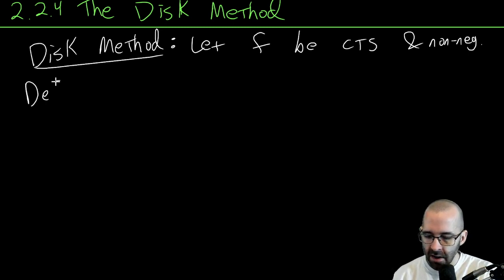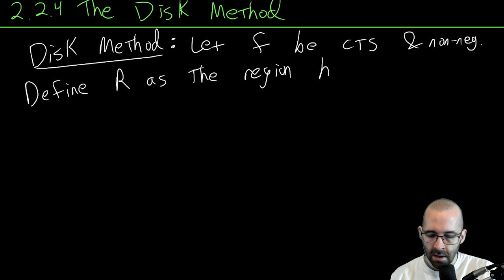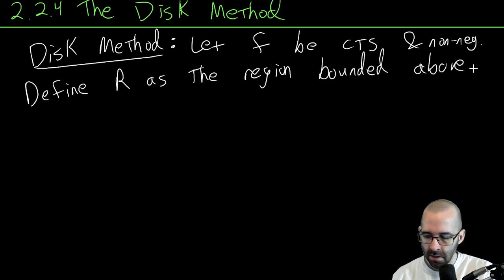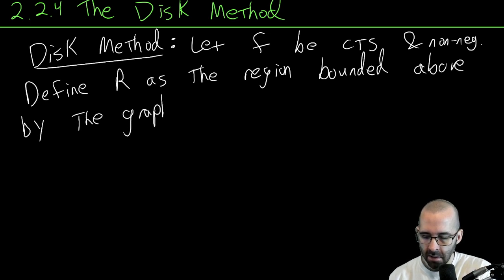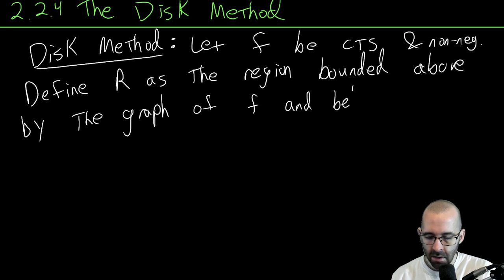Okay, so define R as the region bounded above by the graph of f and below by the x-axis.